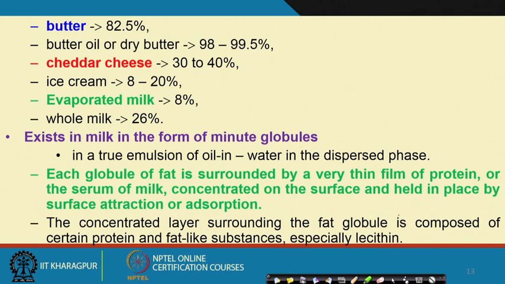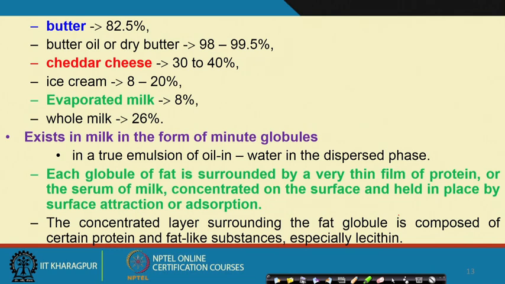So, water is much lower compared to fat. There the emulsion is called water in oil, that is, water is in the dispersed phase and oil is in the continuous phase. So, it is the emulsion of water in oil.